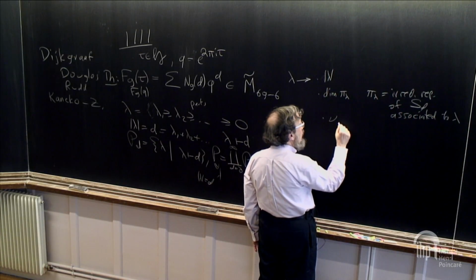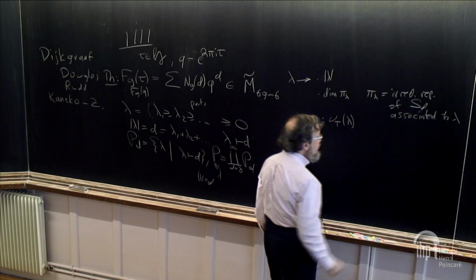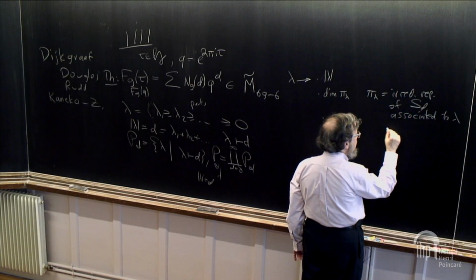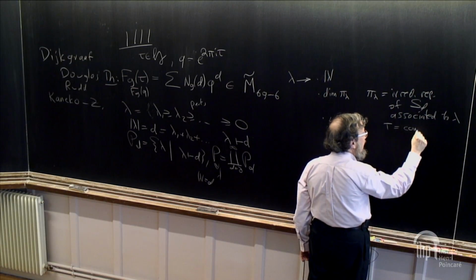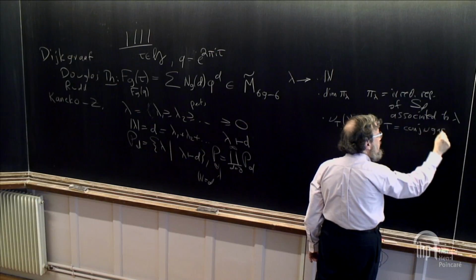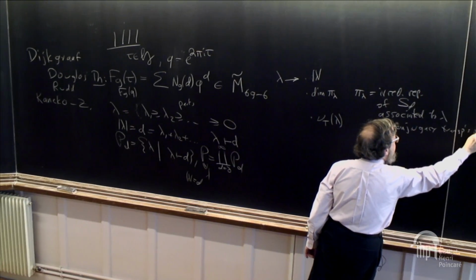And then another one is, I think I called it nu_T of lambda, which you could think of as follows. You let T be the conjugacy class of transpositions in S_d.